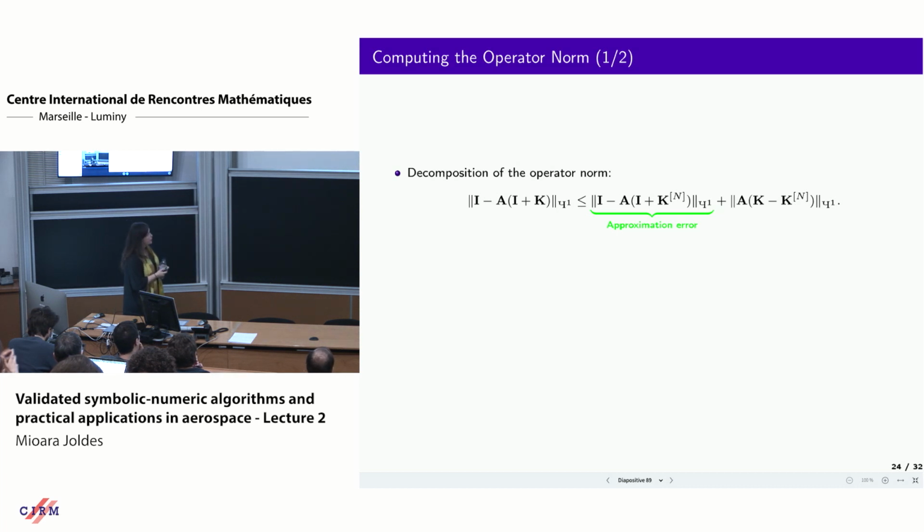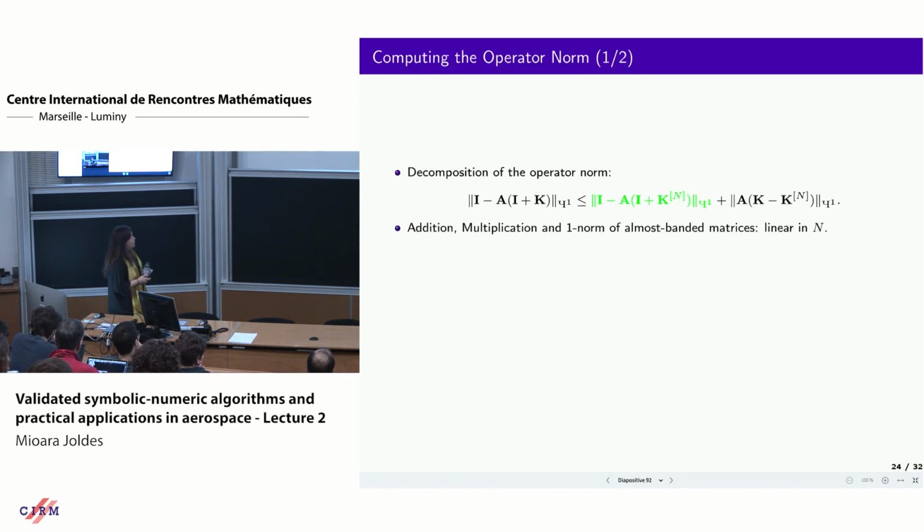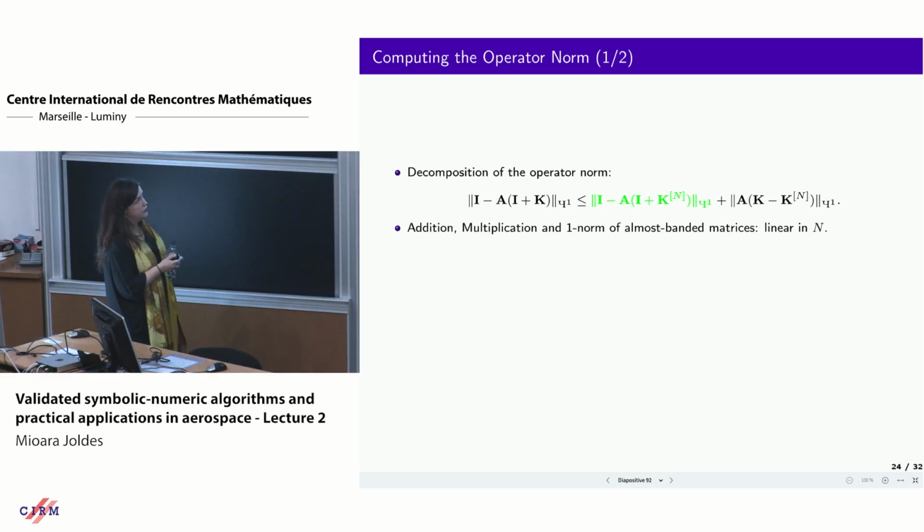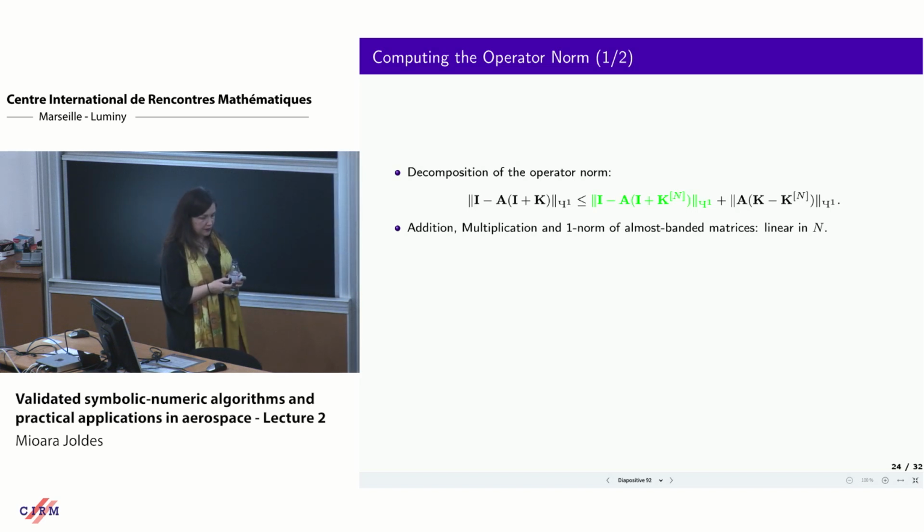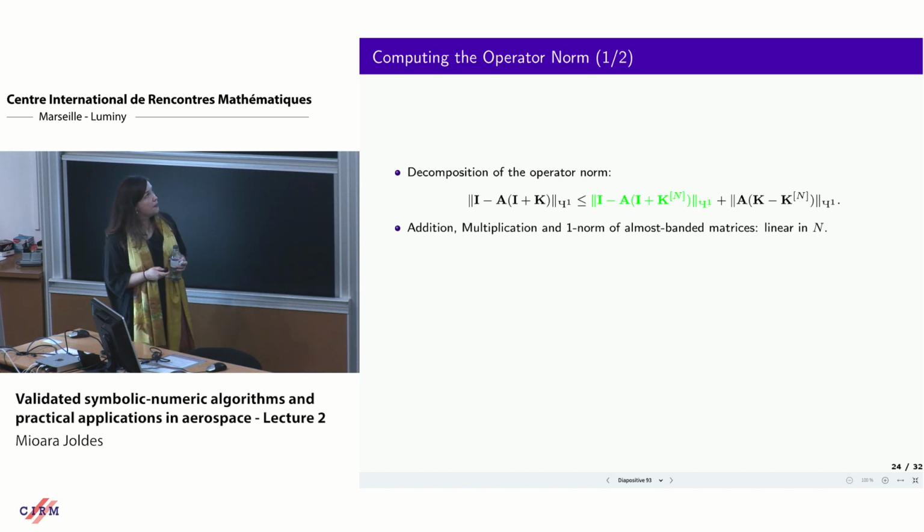And the more difficult part is this one, which is the truncation error, where actually I'm considering the tail of my infinite dimensional operator that I have to multiply with the approximative one. So for the finite part, we can in principle use arithmetic on almost banded matrices and have a good complexity.